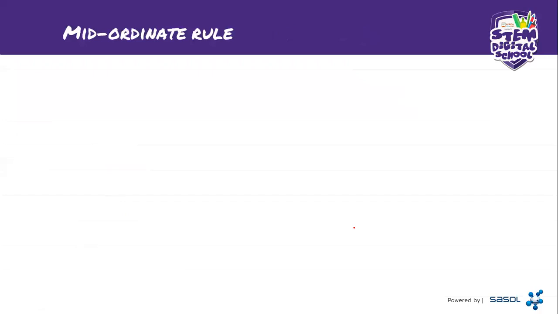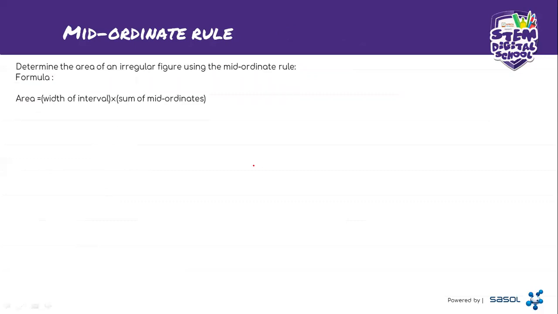Now, we are done with surface area and volume. We are now looking at the mid-ordinate rule, where we are going to be calculating the area of irregular figures. Determine the area of an irregular figure using the mid-ordinate rule.